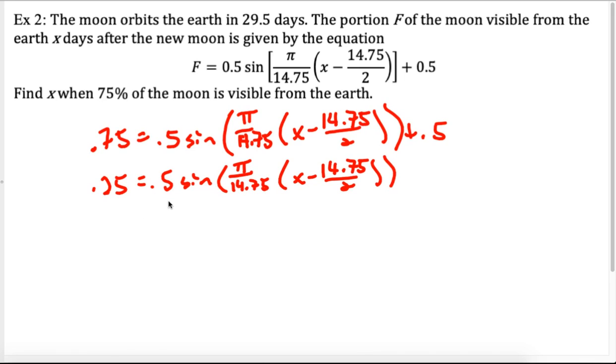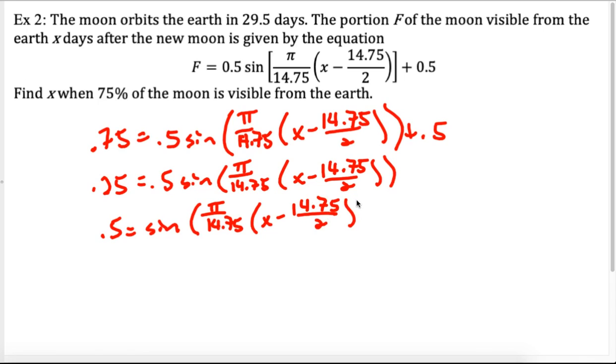So 0.25 divided by 0.5 would be 0.5. Now, it might look a little bit nicer if we replace that 0.5 with a fraction, right? That is just 1/2. I've got the trig function by itself.